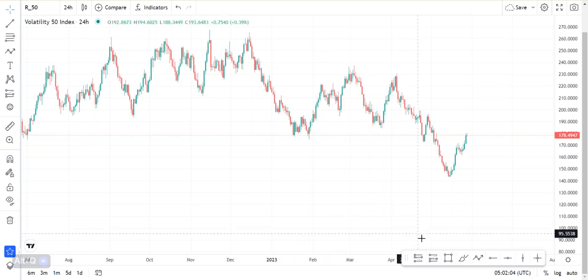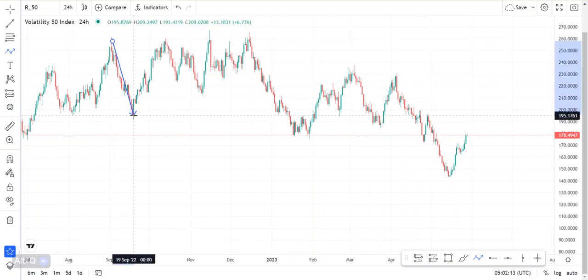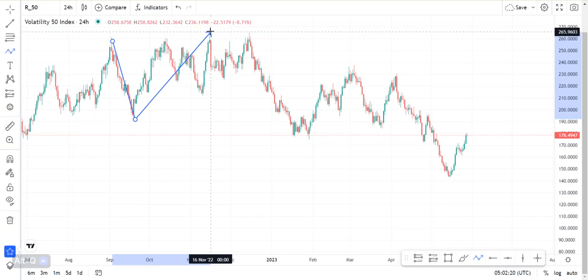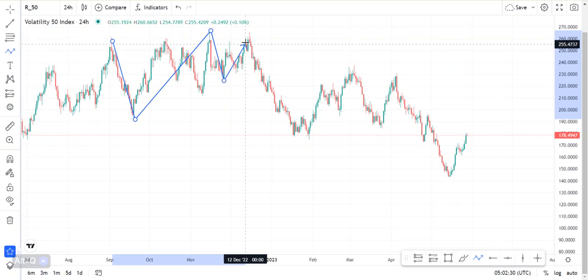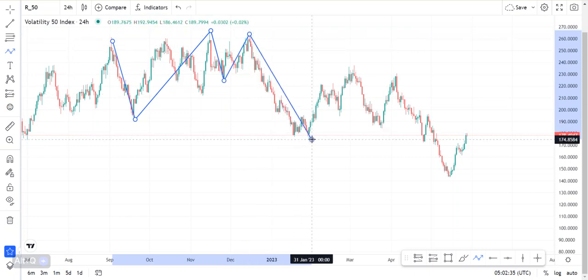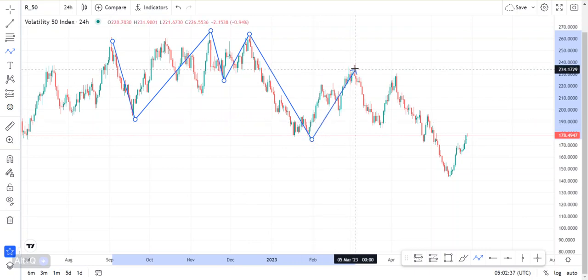If you look at the market, it has been ranging. This is a 4 hours time frame though. The market has been going from a lower high, then a higher high, higher low, lower high, lower low, lower high.